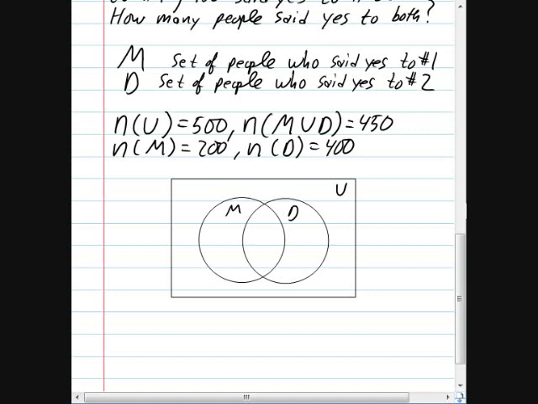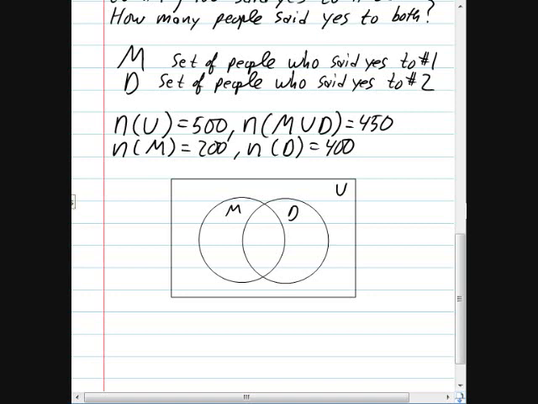We know that the total in D is 400, but the total in D is this region plus this region. We know the total in M union D is 450, but M union D is the sum of these three regions. And finally, we know the total in U, but that's the sum of all four regions in the box.